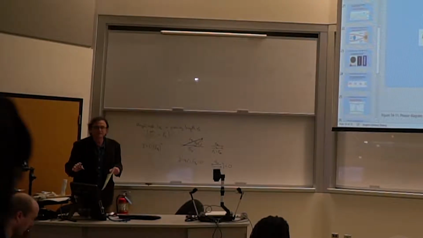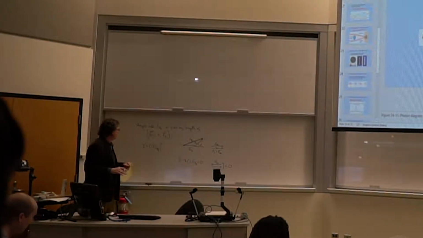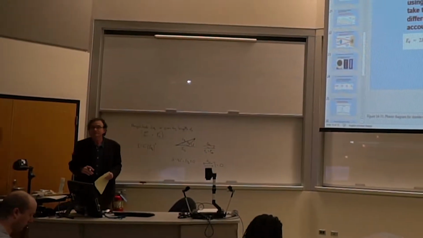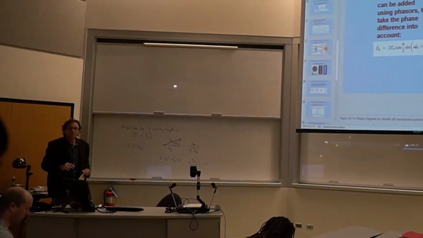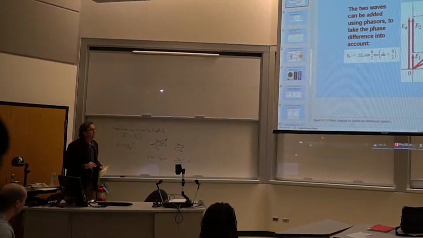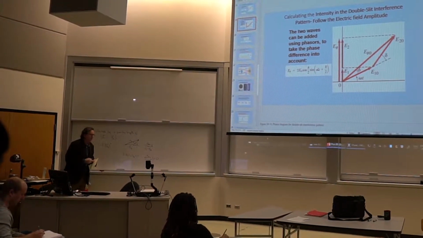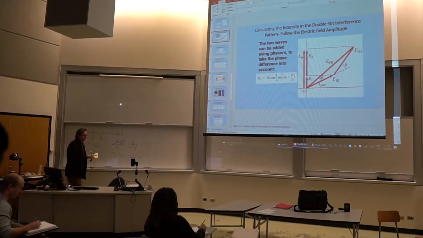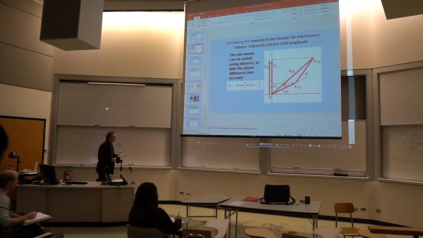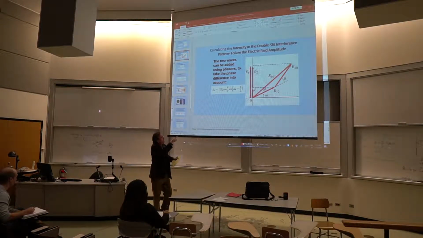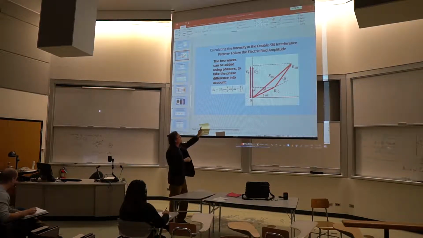Because once I've got E theta 0 squared, I can see how intensity varies as a function of angle. That's the goal: to find out how the intensity varies. This diagram on the slides is way too complicated, but I put it there because it does have the two vectors. It's just that omega t is not relevant here.